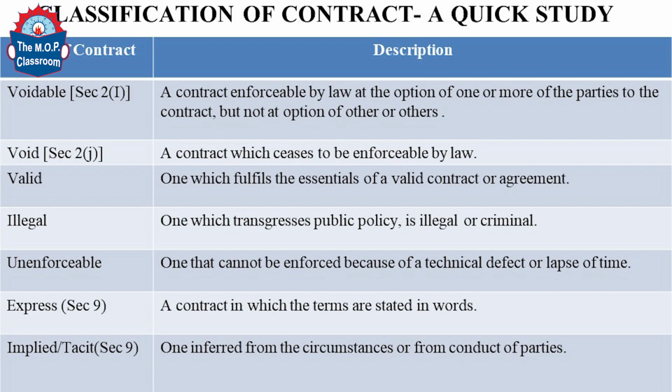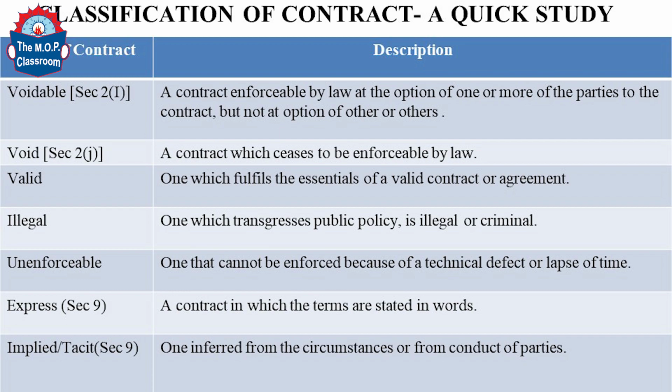Void is a contract which ceases to be enforceable by law. Valid is one which fulfills the essential elements of a valid contract. Illegal is one which transgresses public policy or involves criminal or illegal activity.